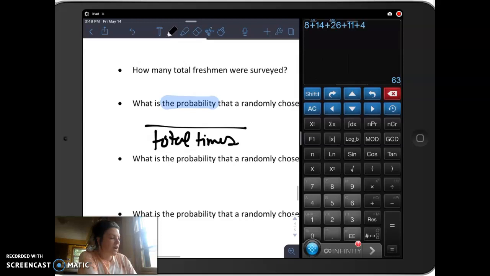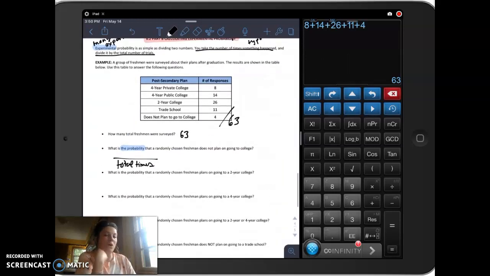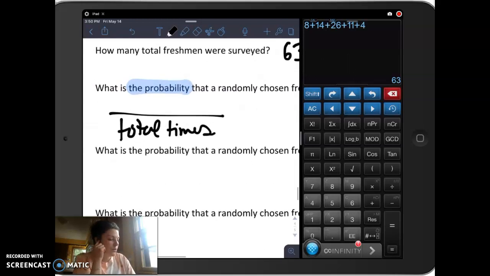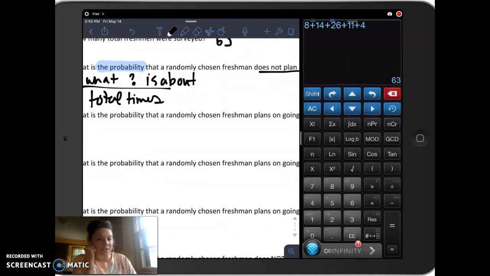And then on the top is how many times what you're asking about happened. So it says freshmen do not plan on going to college. So that's what the question is about. And then just like when we were solving equations, we're going to divide. So we're going to divide from top to bottom, and then we're going to multiply by 100.